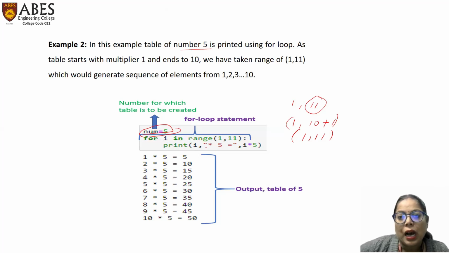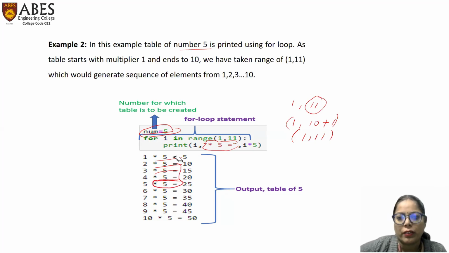Now print I, comma, asterisk, this is for multiplication, 5 equals to, in double quotes. Why are we writing this? Because we want this to be printed as it is. What we have written, like the multiplication sign and equals 5, will be written as it is.